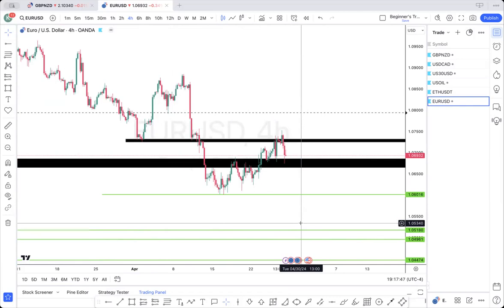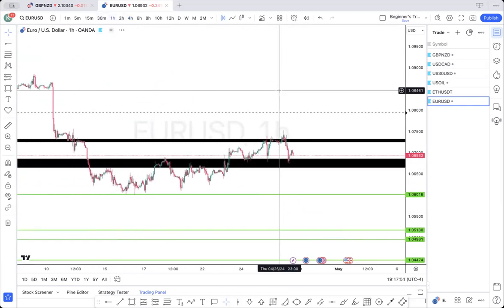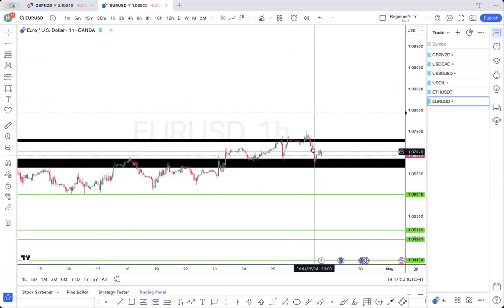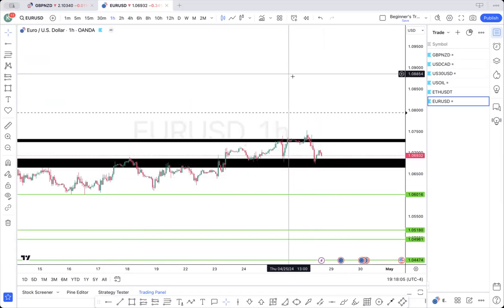So always wait for price to show you what it wants to do. On the 1 hour, I don't see it giving me anything for a buy or a sell at this point. And that's how I do it.